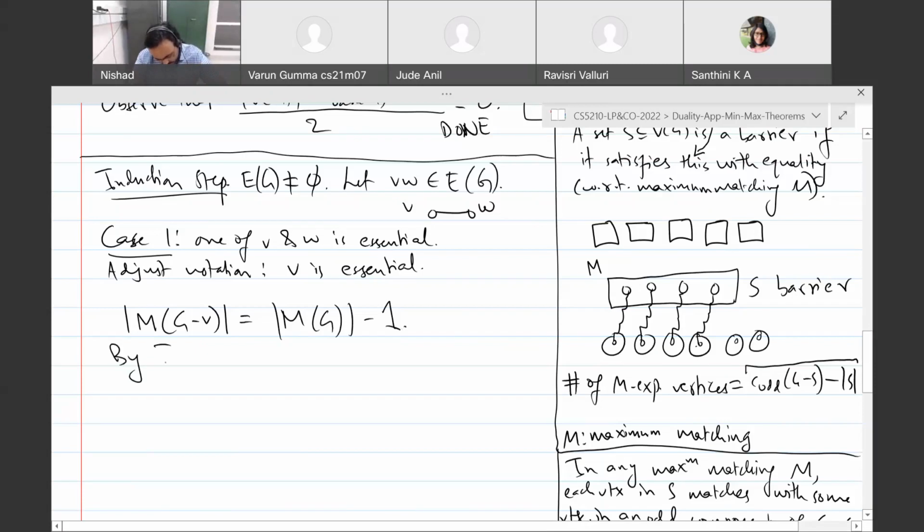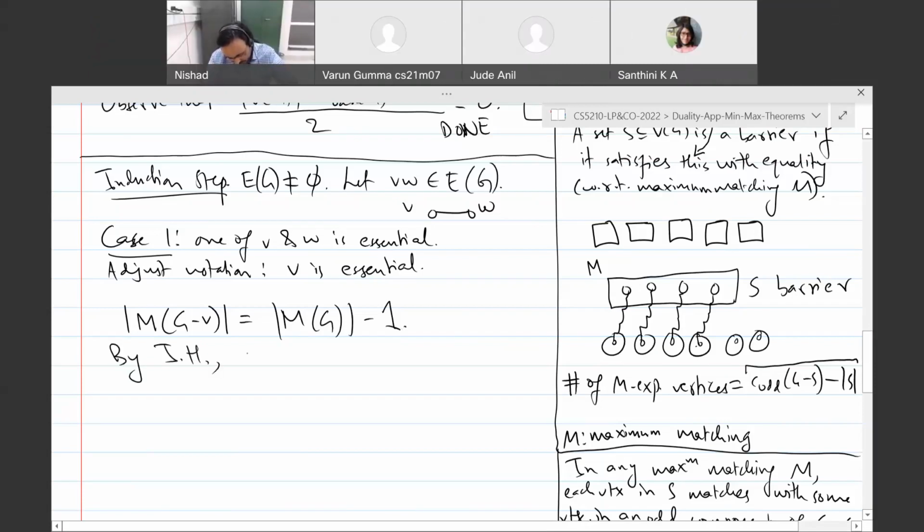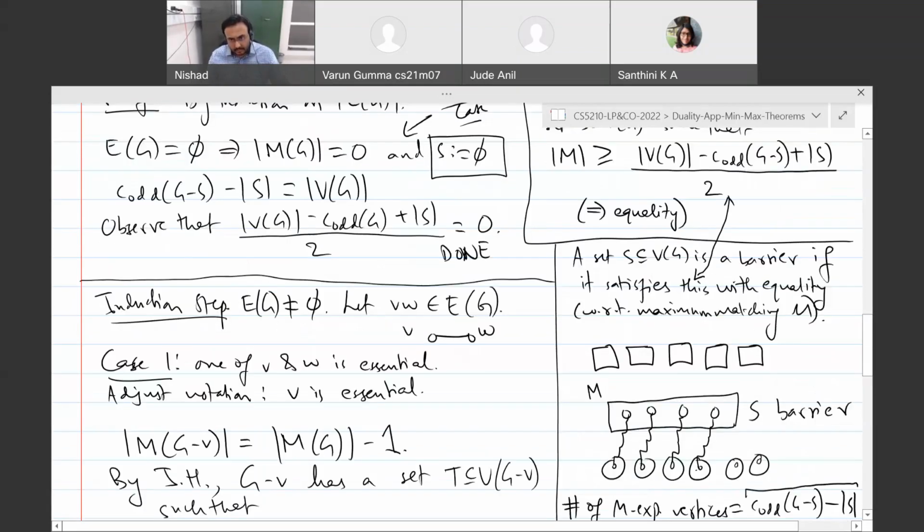By induction hypothesis, G minus V has a set, let's call it set T, which is a subset of the vertex set of G minus V, such that this equation holds.